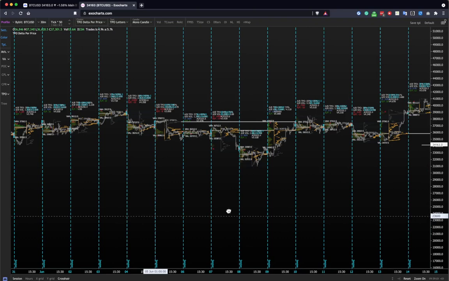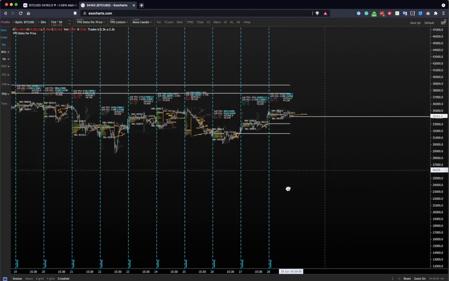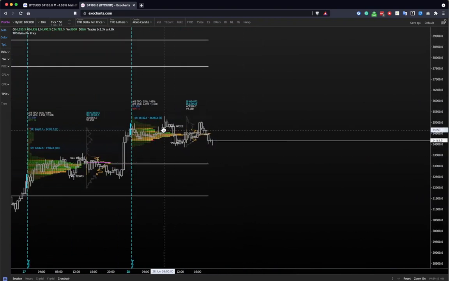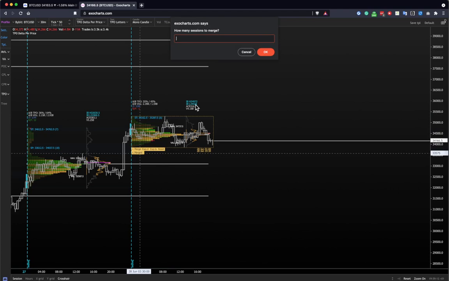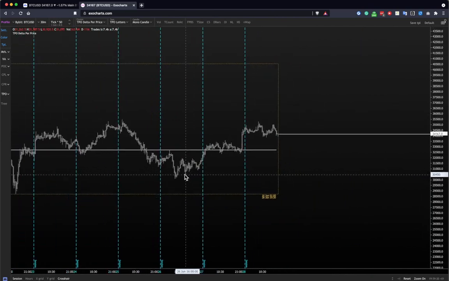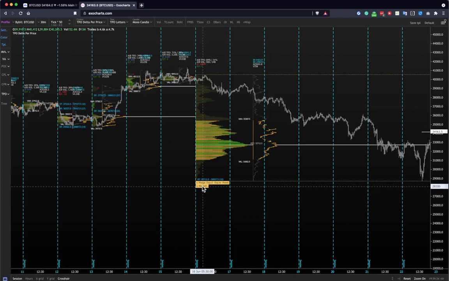Let's go back and merge these profiles. I use Exocharts because the data here is more accurate. So we have 40 days. Obviously it won't go back 40 days in one go. Let's do it again. So let's go another 25 days.